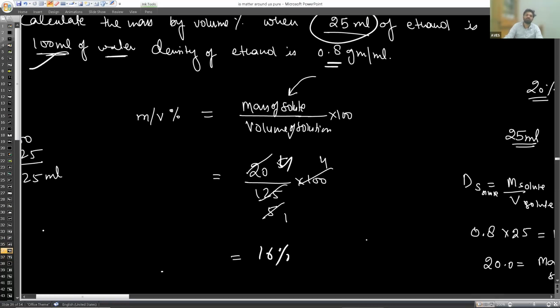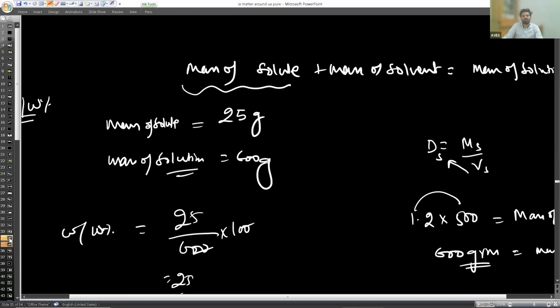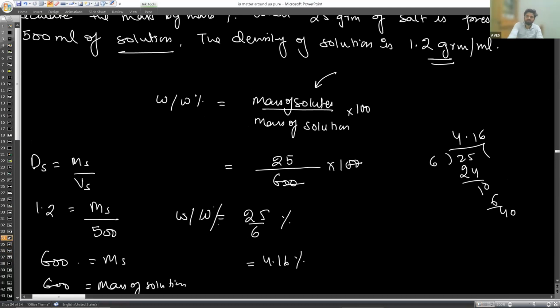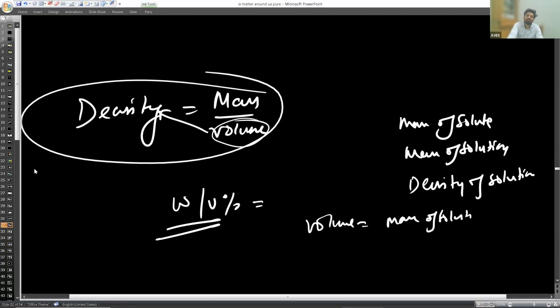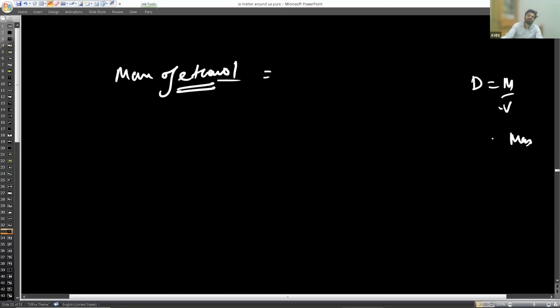You need to keep in mind that whenever you calculate the mass using the density formula, the same substance must be used throughout. If you are calculating the mass of ethanol, then density is equal to mass upon volume, so volume into density will be equal to mass.